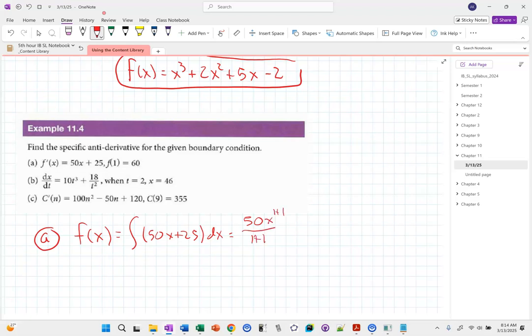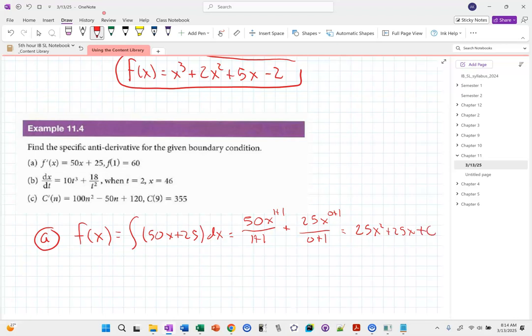That sounds good. That looks good. So that'll simplify down to 25x squared plus 25x. Yeah, there we go. Excellent.